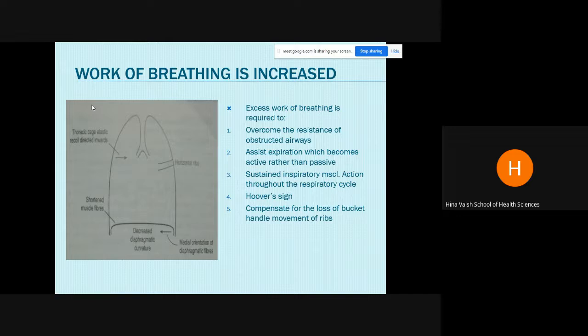But in these patients the ribs start becoming horizontal. Here you can also see that the diaphragm curvature is decreased, meaning there is no proper relaxation of the diaphragm and it stays in the mid position.